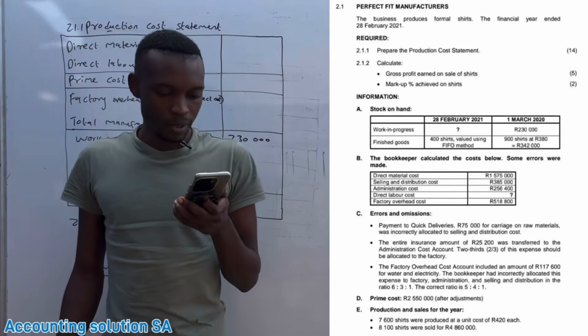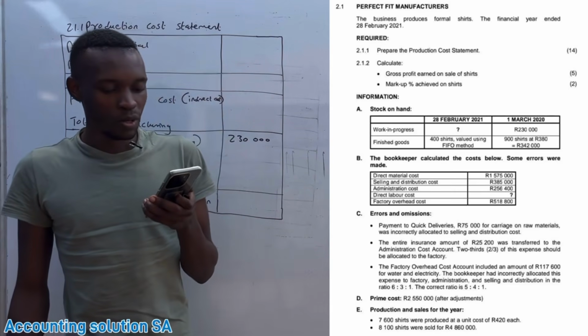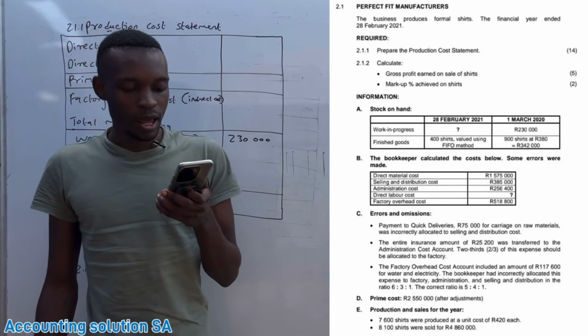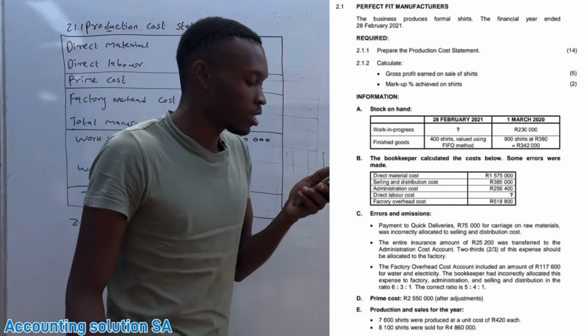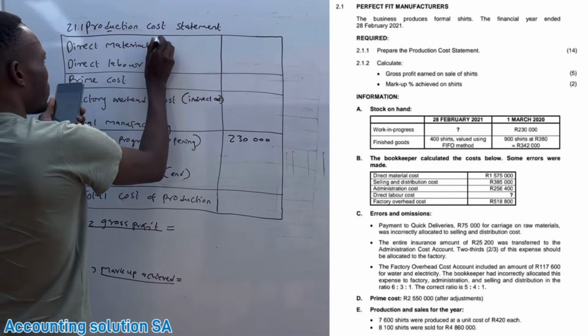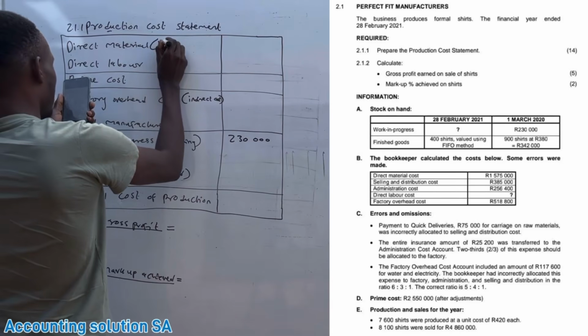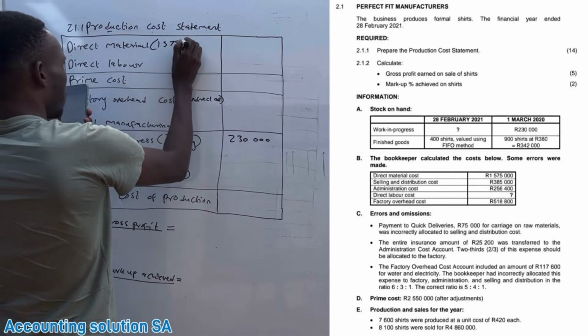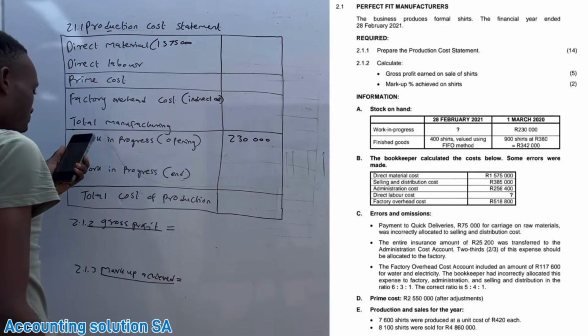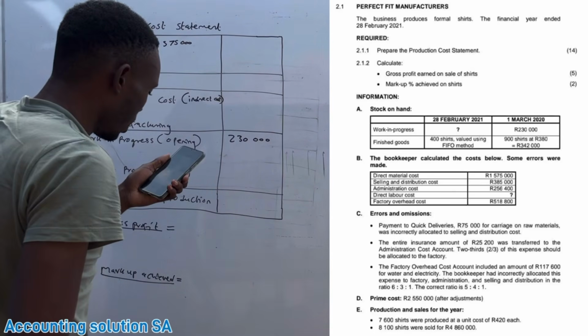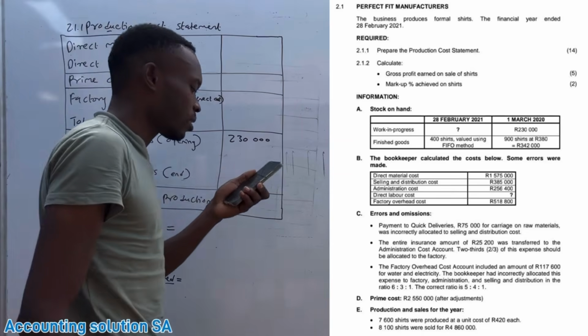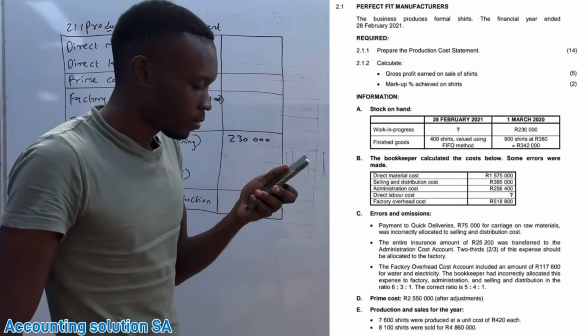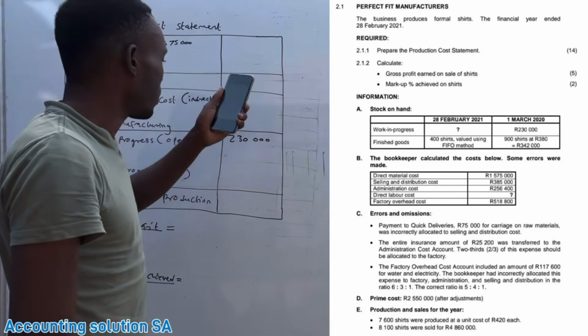Number B, the bookkeeper calculated the cost below. Some errors were made. Direct material, before any error was made, was 1,575,000. We're going to check the transactions. Then direct labor, they didn't give us anything. We're going to go to the transactions. Let's start with this part first, the prime cost.